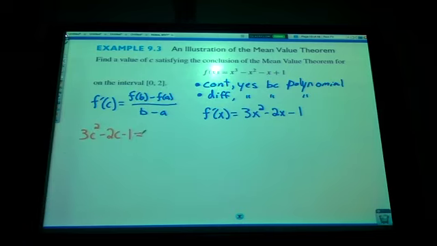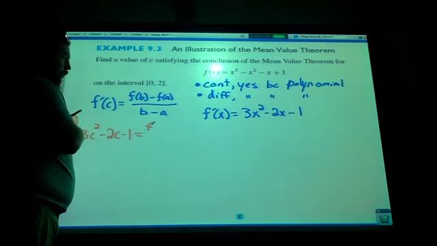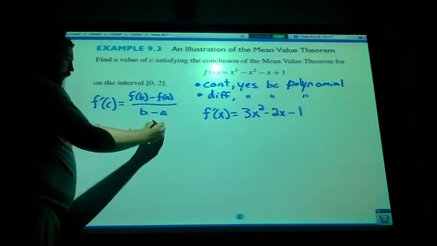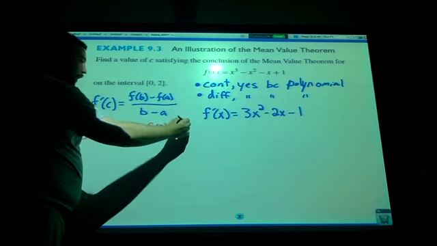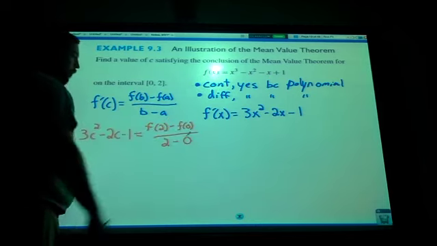The mean value theorem guarantees that there's some solution to this if this is equal to the f of our endpoints subtracted over our endpoints subtracted. So f of 2 minus f of 0 over 2 minus 0.